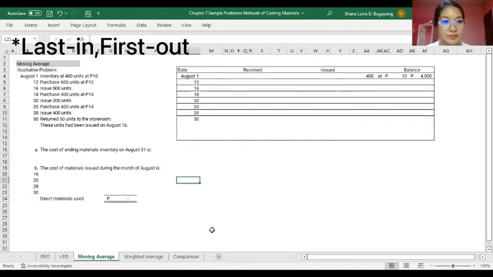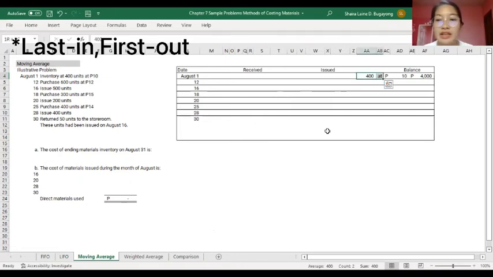Okay, so what if the company is using a perpetual inventory tapos average dayon? So we need to make it a table again.